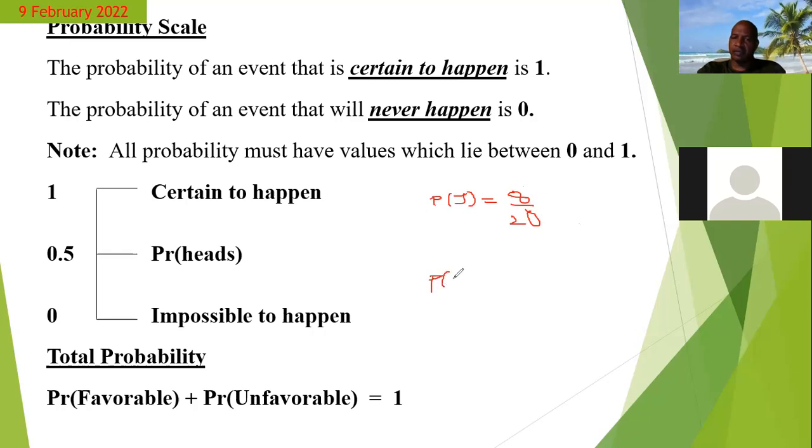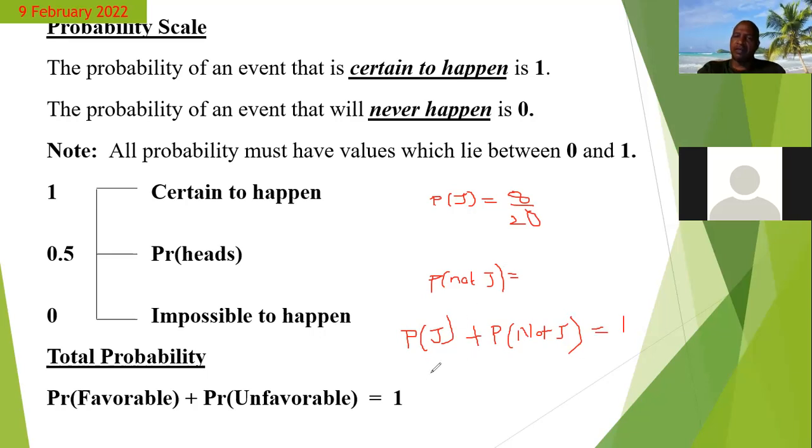So the probability of not Julie could be calculated by saying that the probability of Julie plus the probability of not Julie should equal 1.